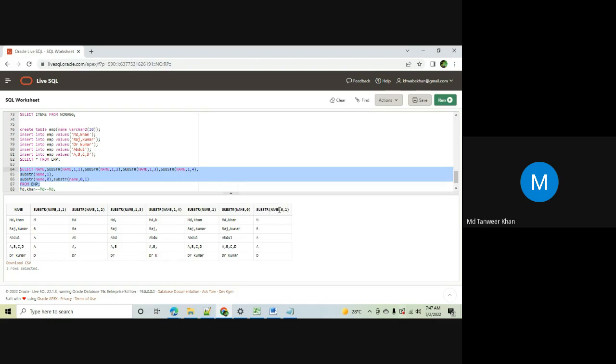SUBSTRING(name, 0, 1) and this one. Are the outputs the same or not? Same output. SUBSTRING(name, 0, 2) and SUBSTRING(name, 1, 2). Are the outputs the same or not? The same.